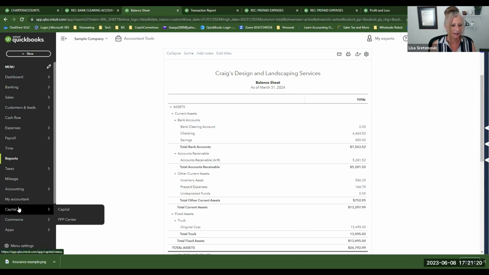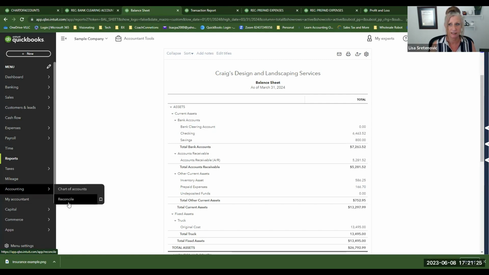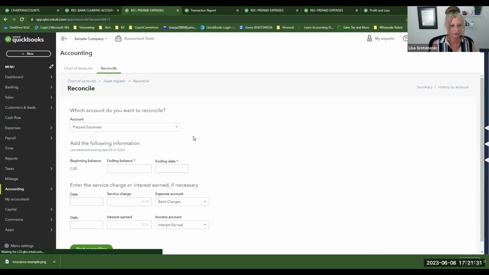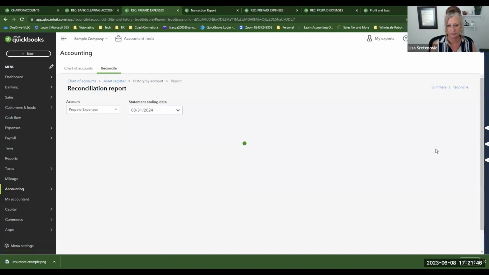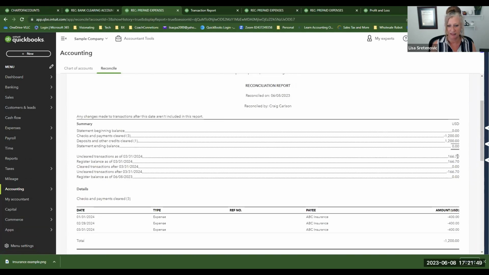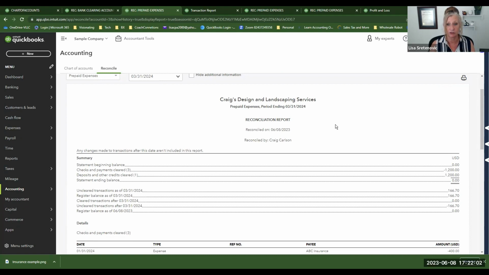Another way that we can look at this is utilizing that reconciliation report. So if we go back into Reconcile and we do History by Account, when we look at the reconciliation report for prepaid expenses, we can see that our uncleared transactions are the same as our register balance as of 3/31/2024, the period that we're trying to close.